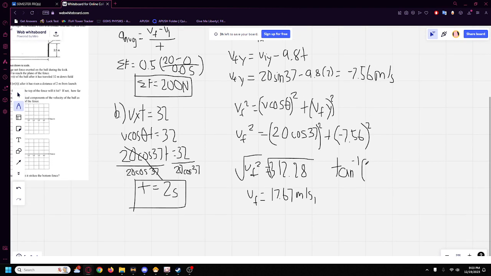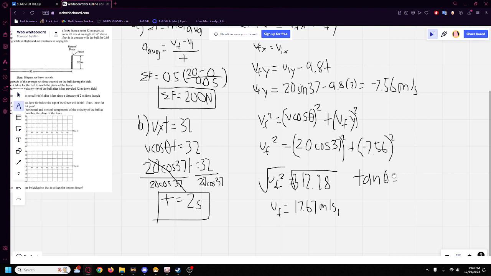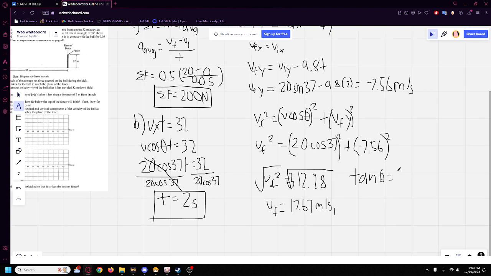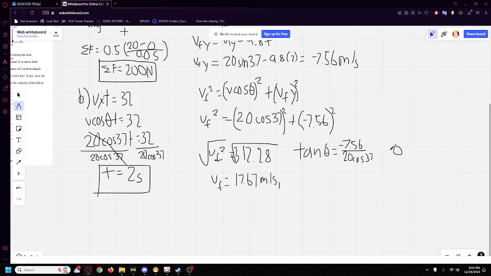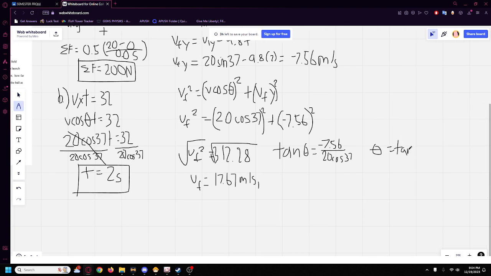And we also need direction, and to find direction, you take the inverse tan. To find direction, you set tan theta equal to 7.56 over 20 cosine 37, and then theta is equal to tan inverse of that.